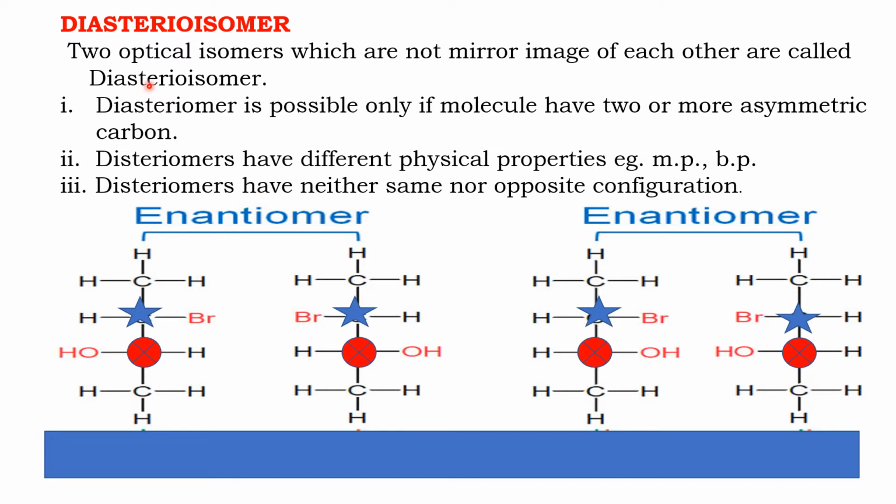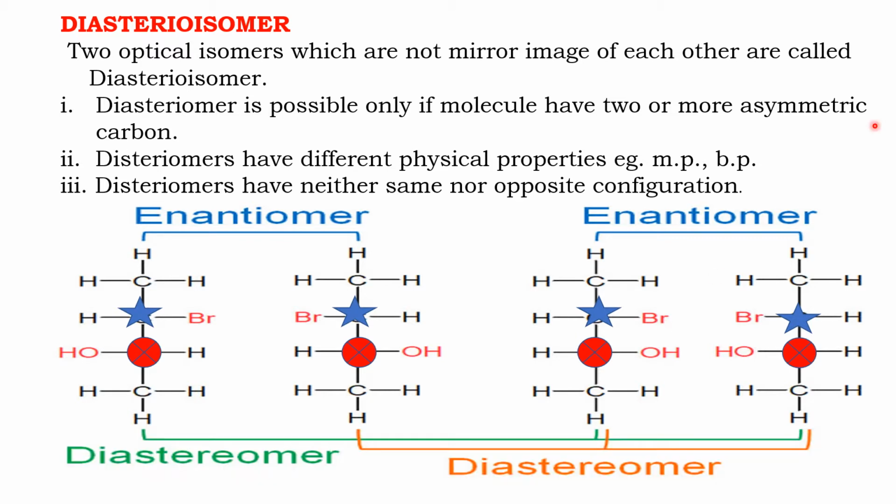Diastereomers are only possible if a compound contains two asymmetric carbon atoms or stereogenic centers. See here, in this particular compound, we have two asymmetric carbon atoms, the second carbon atom and third carbon atom. Now, the first one and third one are related as diastereomers.